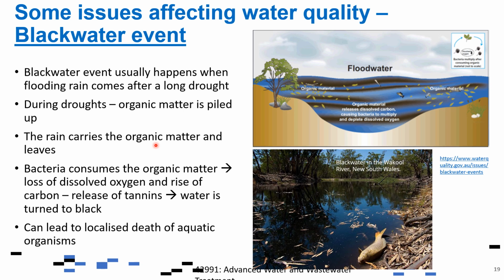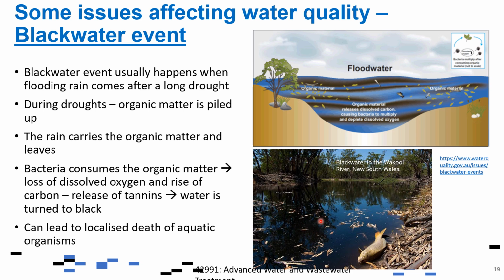And then if these are brought to a certain receiving water, as I mentioned before, the higher the BOD, this is our organic matter, the more oxygen it will demand. So what happens? If it goes to the receiving water, there will be quite a lot of loss of oxygen in that receiving water.